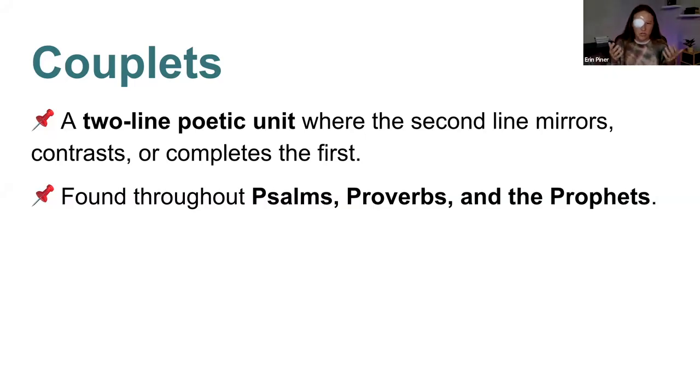Basically, it's in poetry, right? Anytime you're reading Hebrew poetry, this is going to be the most common structure in Old Testament poetry. So if you're reading in the Old Testament and it gets poetic, look for couplets. If you cover your eyes and throw a dart, you'll probably hit a couplet if it's in poetry.